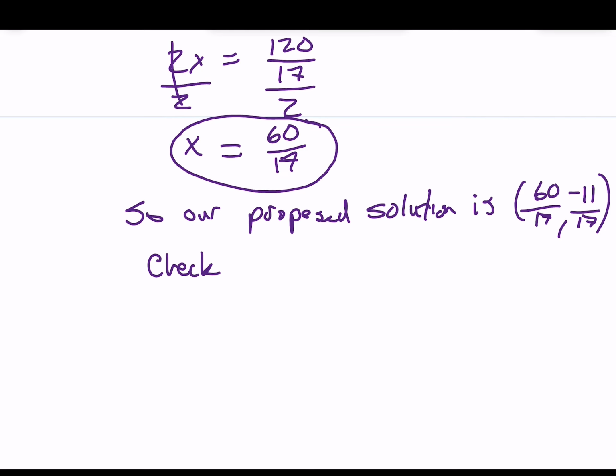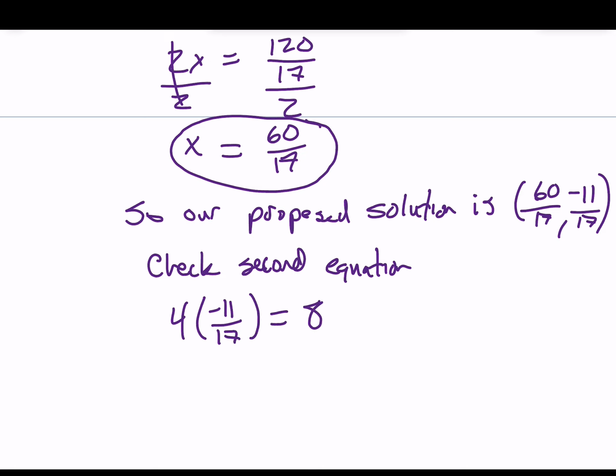Okay, we want to check the second equation. So 4 times y, which is negative 11 over 17, is equal to 8 minus 3 times x, which is 60 over 17. Okay, so 4 times negative 11 over 17 is negative 44 over 17.